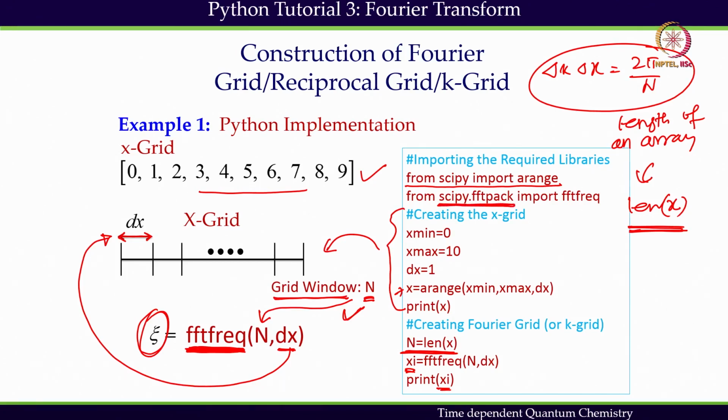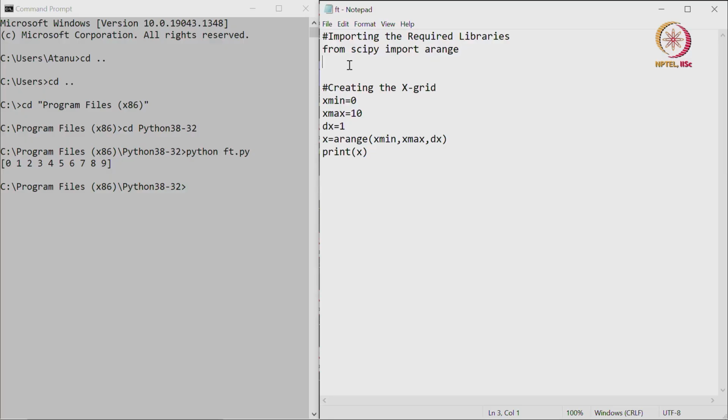In order to use this fftfreq, I need to use scipy fftpack. So, I will import the required functionality from scipy.fftpack, import fftfreq. The moment I import it, I will be able to create the K grid.